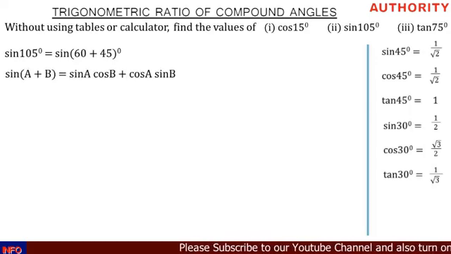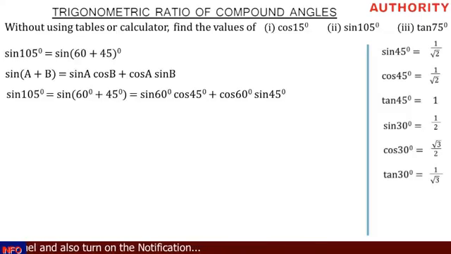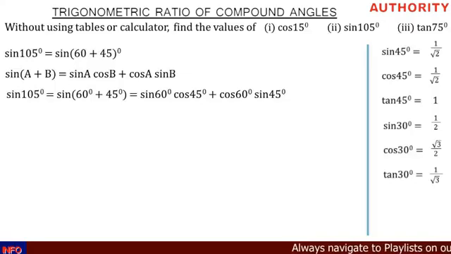In that lesson, we say that sine (A + B) is equal to sine A cos B plus cos A sine B. In this case, we can take 60 to be A and 45 to be B. So sine 105 degrees is equal to sine 60 degrees cos 45 degrees plus cos 60 degrees sine 45 degrees. Is that true? Yes.